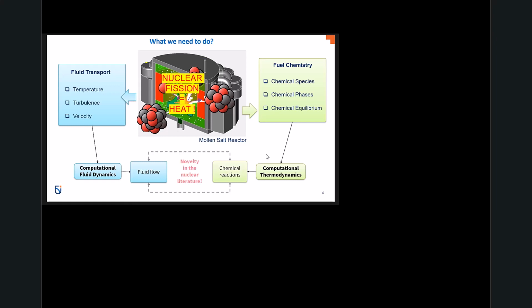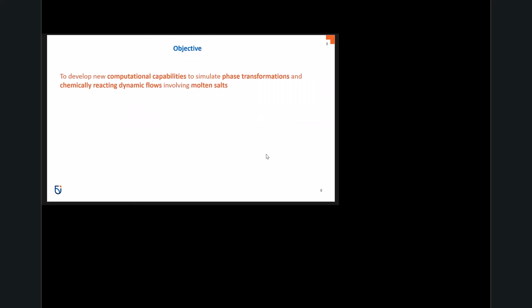For the nuclear field, this is a novelty, coupling both fields together for molten salt reactor applications. So the objective of my thesis is the development of a new computational capability for phase transformation and chemically reacting dynamic flows involving molten salts.